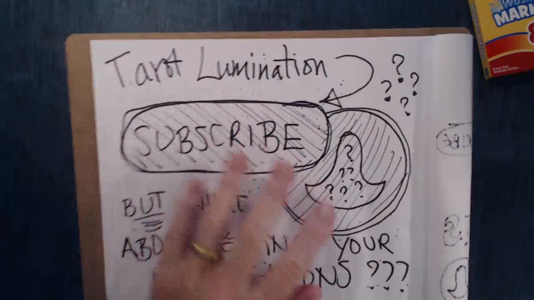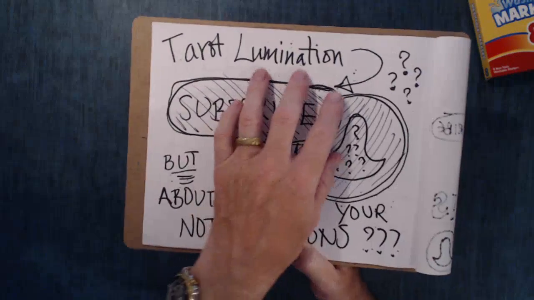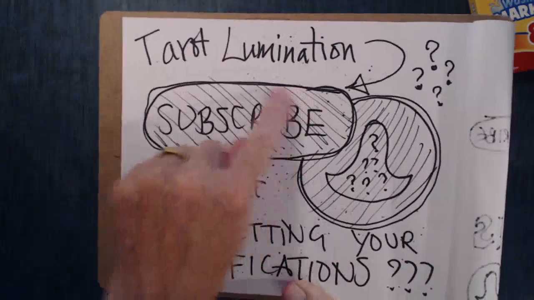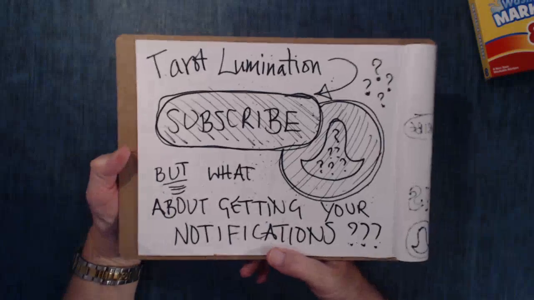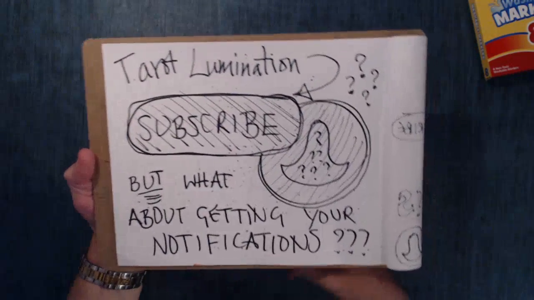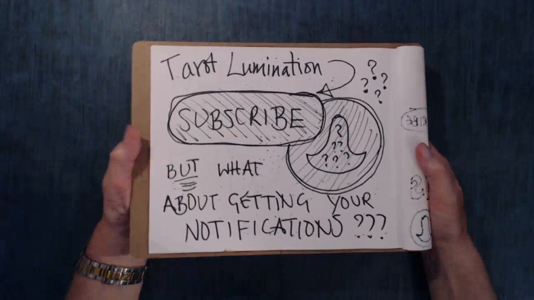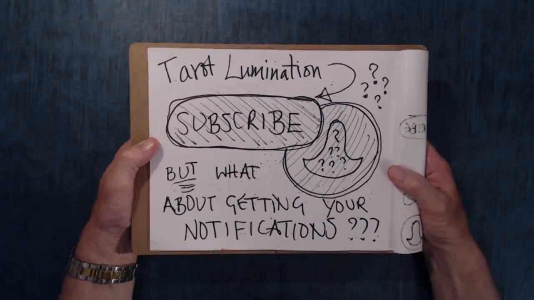On your screen somewhere, whatever device you're on, you get so excited, you fall in love with the Tarot Lumination channel, I'm going to subscribe. So you become a subscriber and you think, yes, I did it. I did it. And then guess what happens after you become a subscriber? Guess what happens? Absolutely nothing. That's the answer. You are now on a list of becoming a subscriber.